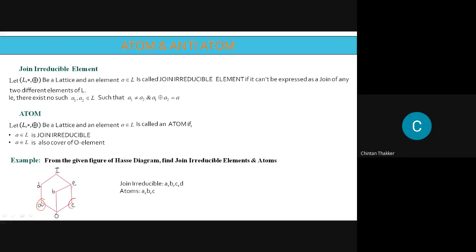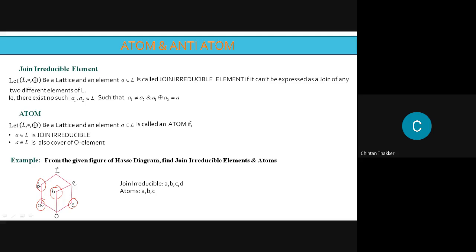Here also one line coming from the downside. Then here also we have only one line coming from the downside. Here one line coming from the downside. So these four are join irreducible.